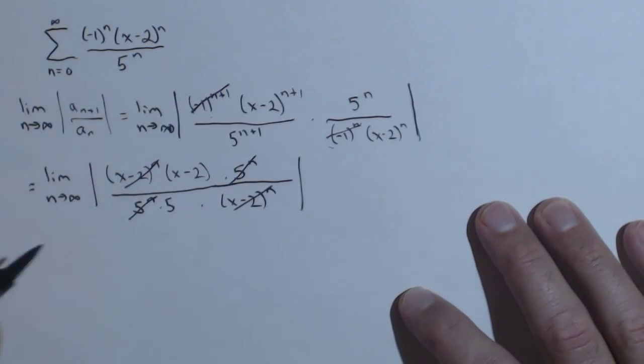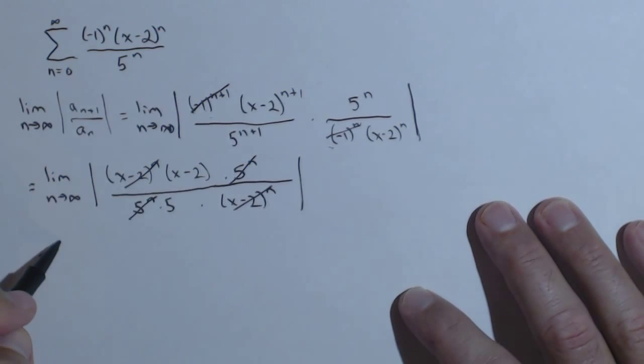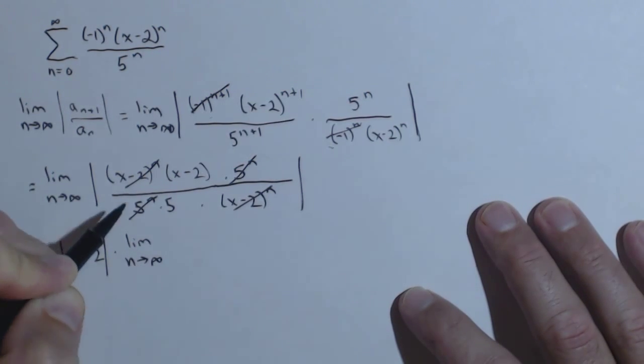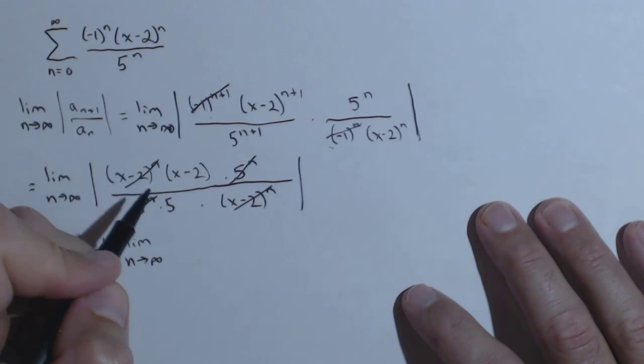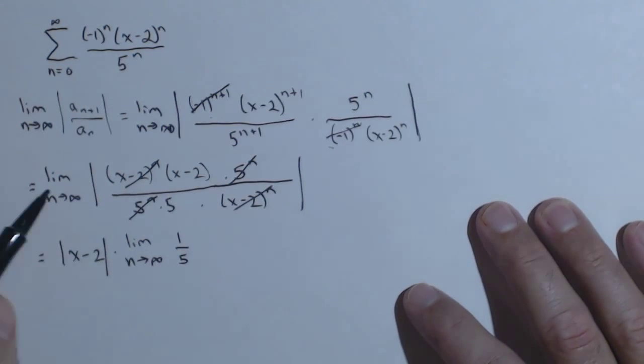Now at this point, what I like to do is, this no longer depends on n, so I'm going to pull it out front, but it does end up in an absolute value. And then times the limit as n goes to infinity of all we have left, which is 1/5.